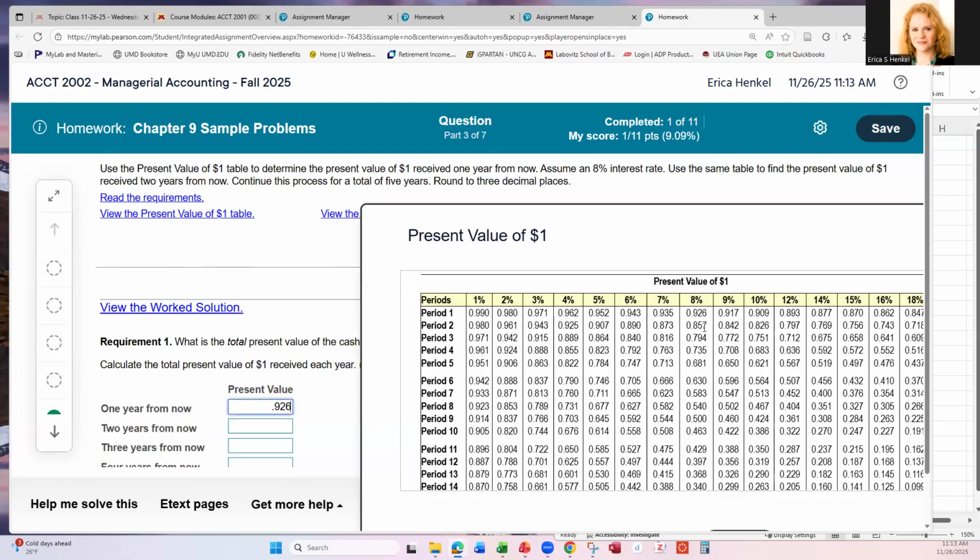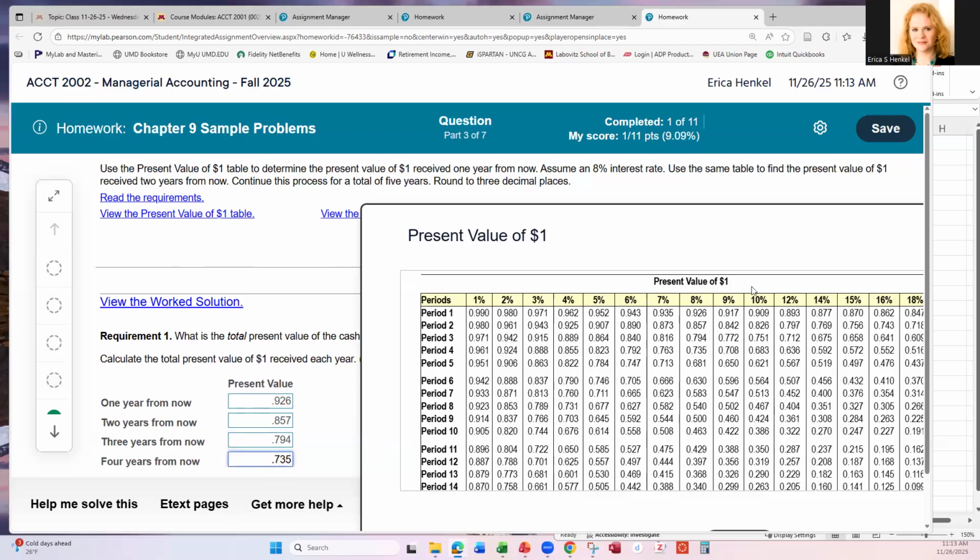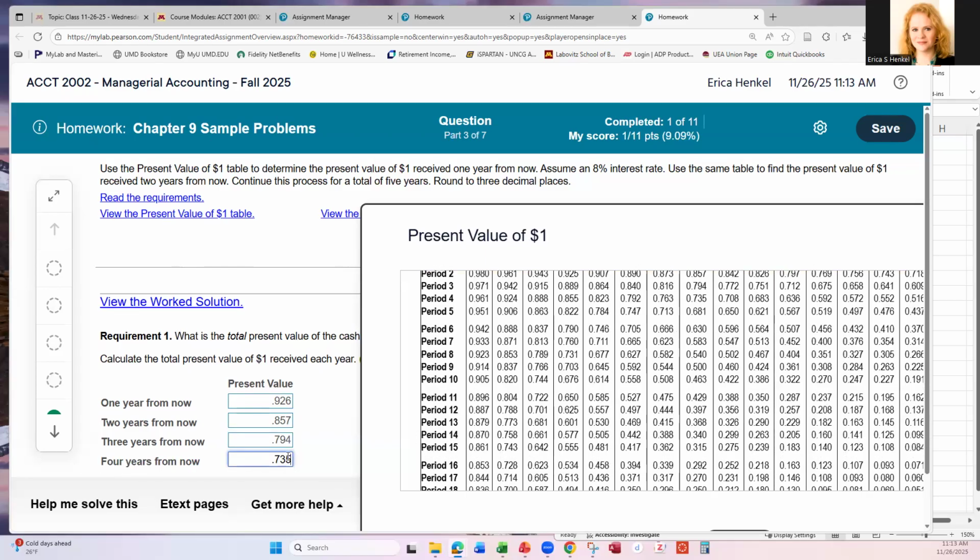And then at the end of 2 years, the value of $1 received 2 years from now in today's dollars would be 0.857. All right, the value of $1 received in 3 years would be 0.794. And then the value of $1 received in 4 years is 0.735. And then the value in 5 years would be 0.681.